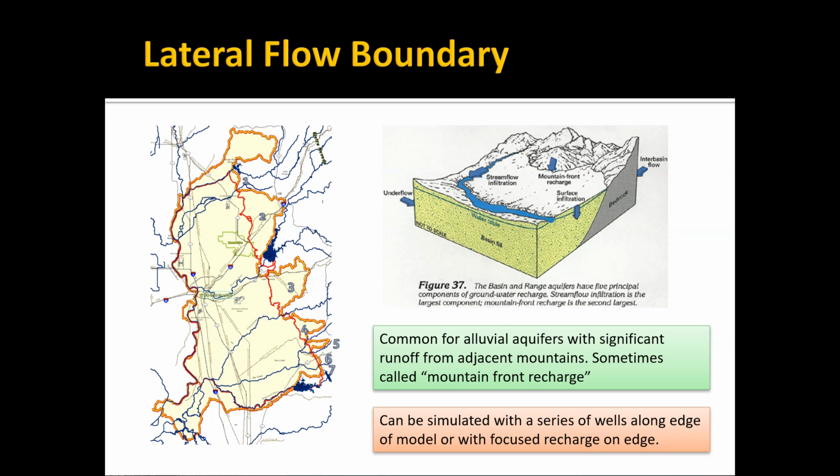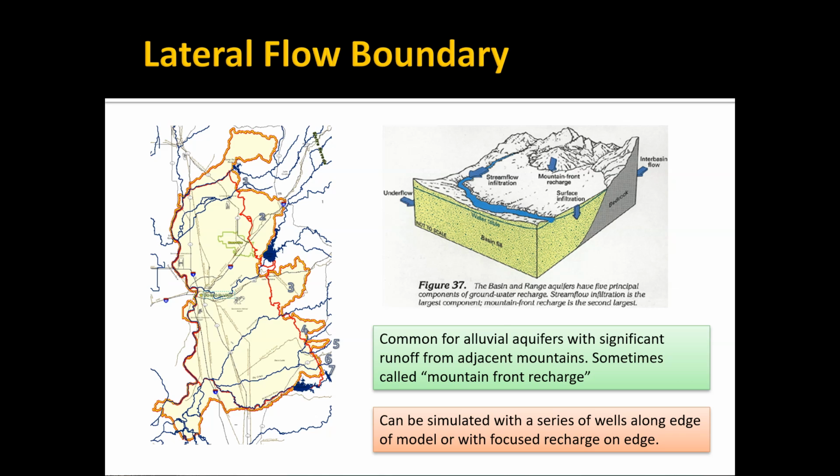And one option is to have a specified flow, typically an inflow. And this is really common in alluvial aquifers and basins that are adjacent to a mountain range, as shown in the upper right figure here.